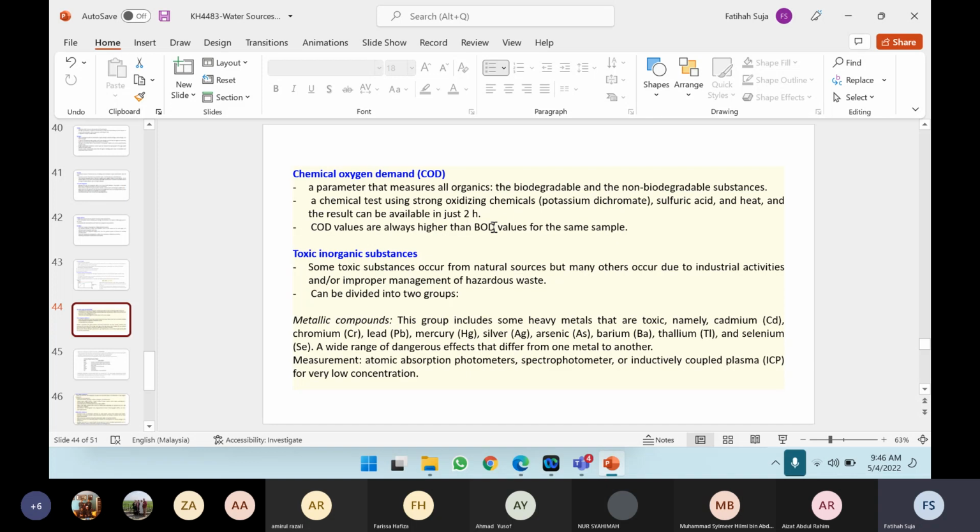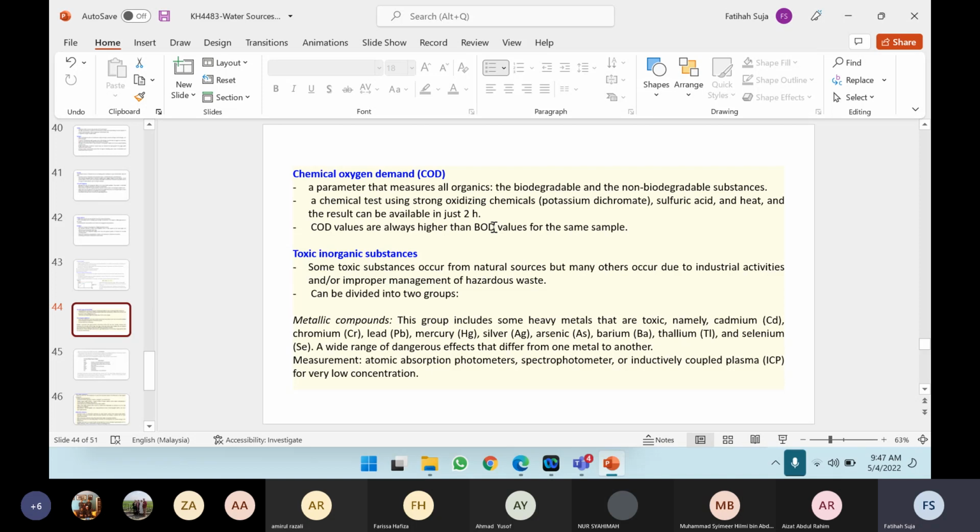So if you have a very high COD to BOD ratio, meaning that COD is very high, it indicates that you have non-biodegradable substances or hard to degrade substances in your water body, and it is usually associated with the discharge from industries, because most of the discharge from industries is not biodegradable.